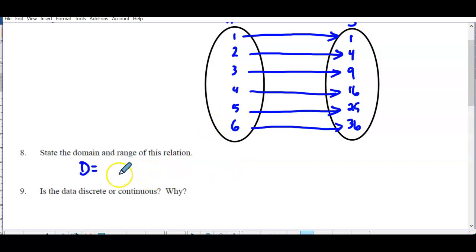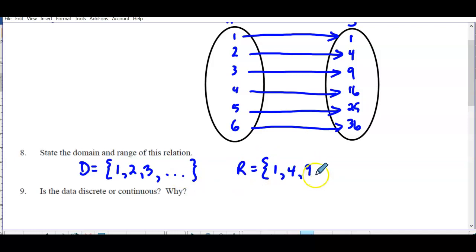So I'm just going to start 1, 2, 3, and then put dot, dot, dot at the end, which means it follows that pattern to infinity. The range would be 1, 4, 9. I'm going to do maybe one more so you can see the pattern, and dot, dot, dot to infinity.